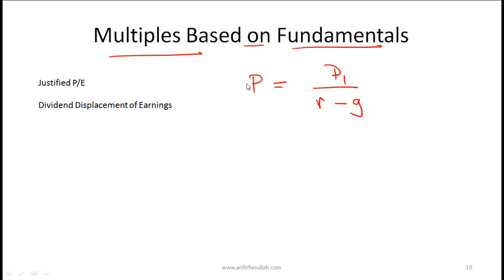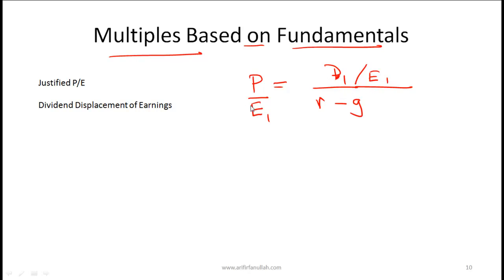If we divide both sides of this equation by, let's say, E1, so P over E1, so this is your leading or forward-looking PE ratio, and we also divide the right side of the equation by E1. So your basic maths, when you're dividing this whole fraction by E1, it's the same as simply dividing the numerator by E1.